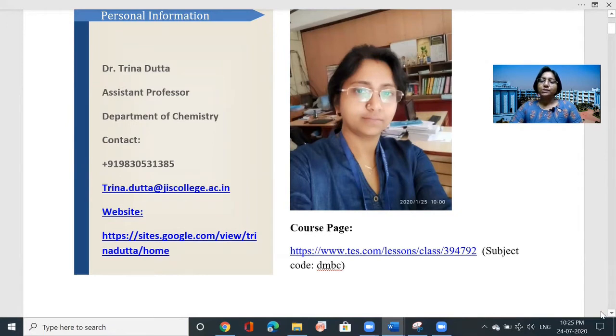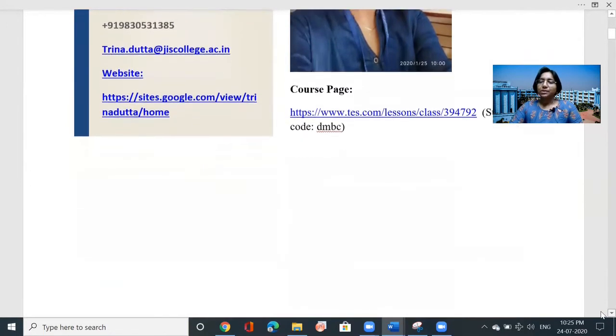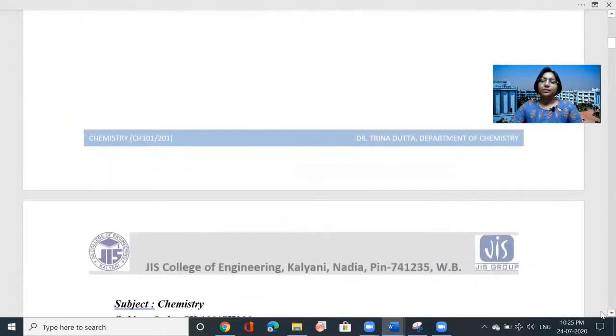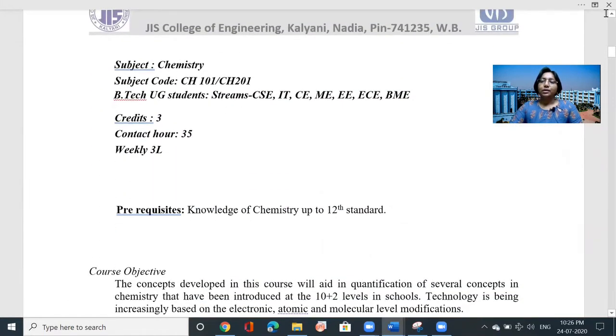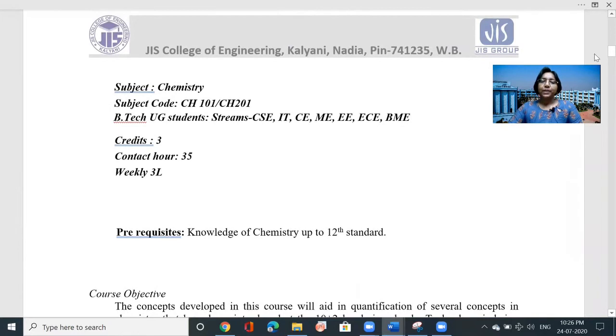So this course name is Chemistry and the code is CH101 for odd semester and CH201 for even semester. This course is for BTech undergraduate students. The streams are CSE, IT, Civil, Mechanical for even semester, Electrical, EC and BME for odd semester.